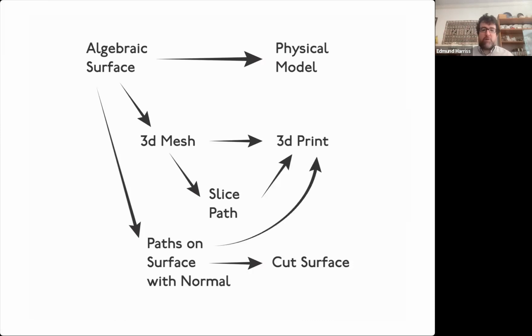It's worth noting that there could be ways that we take these paths on the surface with normal and get them into the 3D print. But the idea is that we've made something that is a lot closer to the abstract object. We've tried to minimize the number of steps to what is necessary to translate from abstraction into the abstractions of a machine.